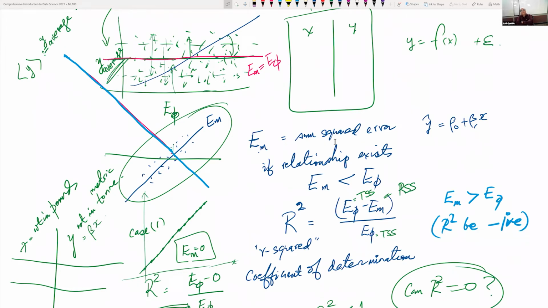In other words, there is no line that describes the data, and yet the null hypothesis is not true, in the sense that there is a relationship between input and output. It just so happens that it is not a line. Circle, parabola, polynomial, like x squared, like x cubed or something. There are many situations.